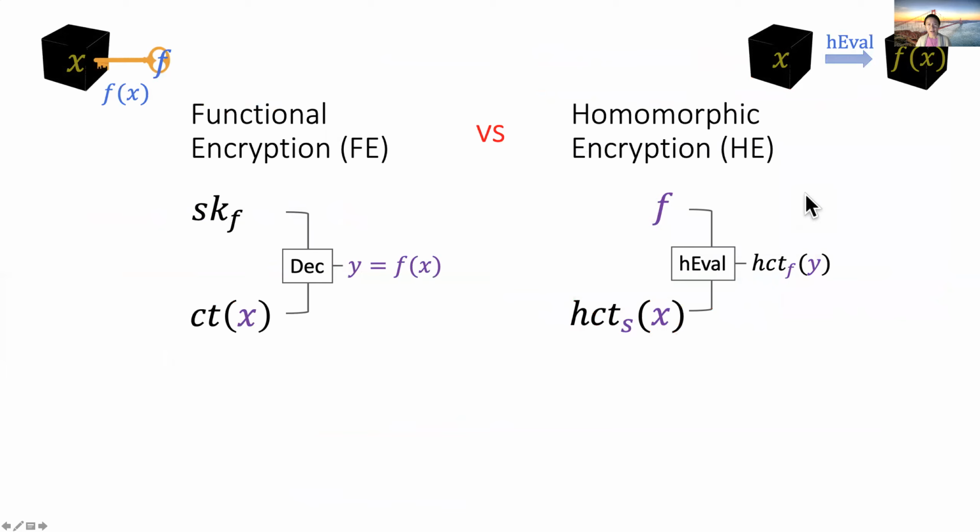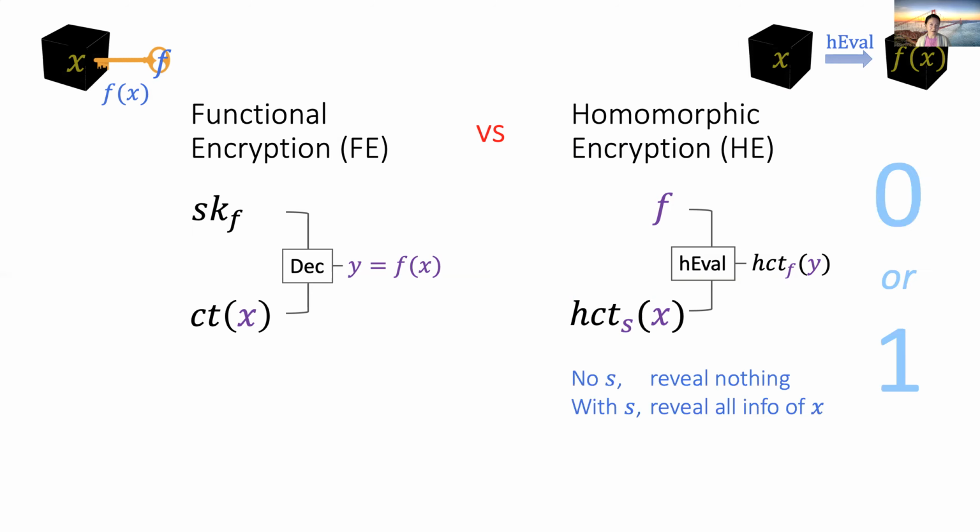Okay, so let's put functional encryption and homomorphic encryption side by side. These are two really fascinating advanced forms of encryption schemes. They both allow us to compute on encrypted inputs, with the only difference that homomorphic encryption still obeys the usual all-or-nothing law of cryptography, in the sense that if someone has the almighty secret key, he can learn all secret information about the input, output, everything.